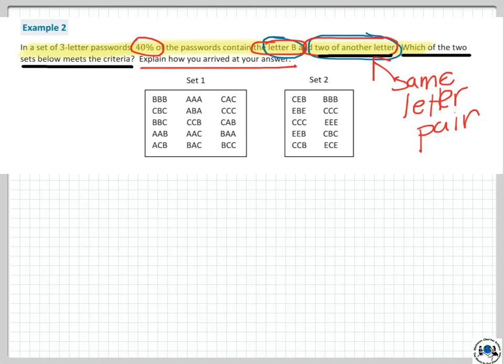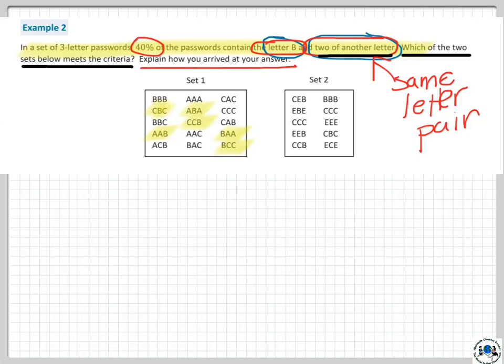Okay, let's go ahead and check. I'll show you what I did. I started with set 1, and that was an opportune one to start with, because I first highlighted all of those trios, 3-letter passwords that actually met the criteria. They had a letter B and then a pair of another letter.